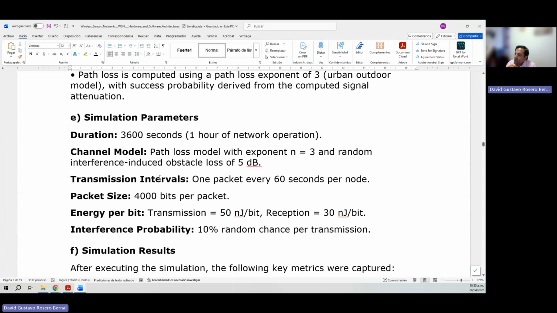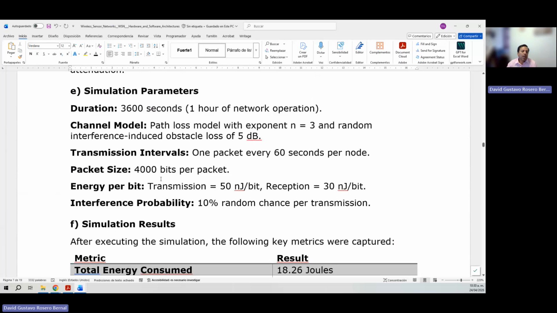These are the simulation parameters: duration 3,600 seconds, 1 hour of network operation. The channel model: I have selected a path loss model with exponent n=3 and random interference, including an induced obstacle loss of 5 dB. The transmission interval: 1 packet every 60 seconds per node.